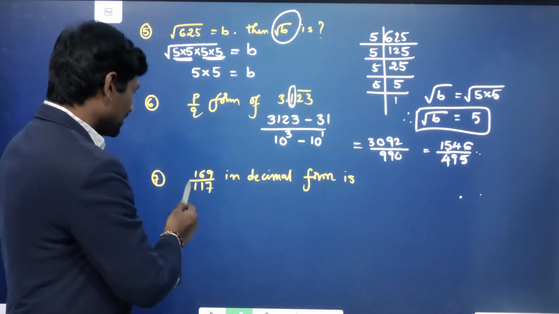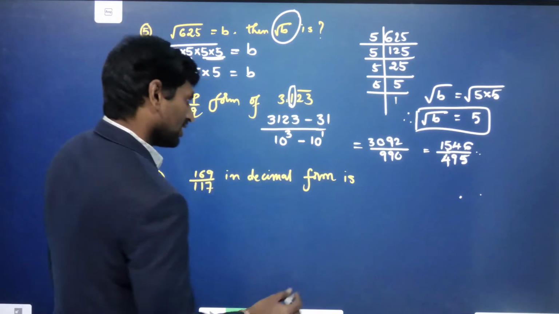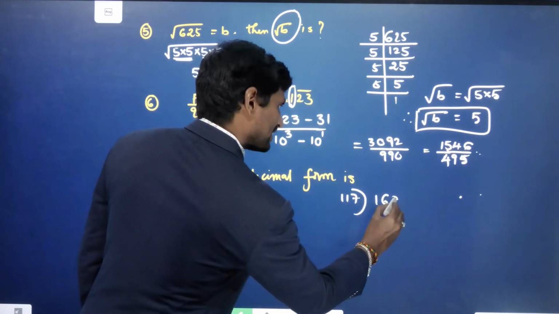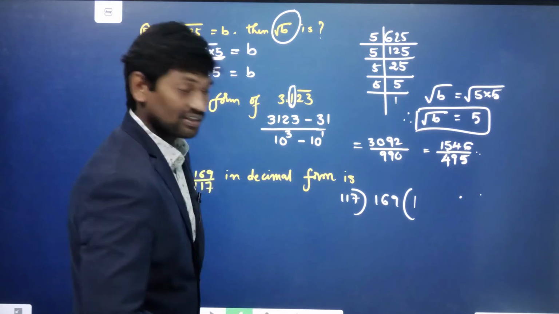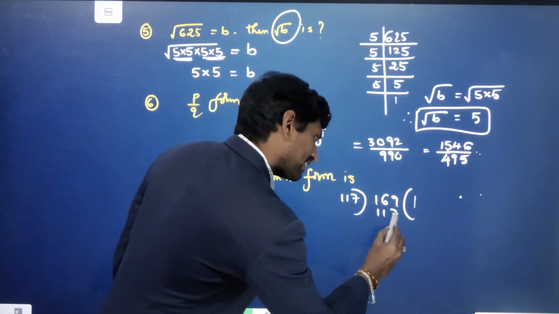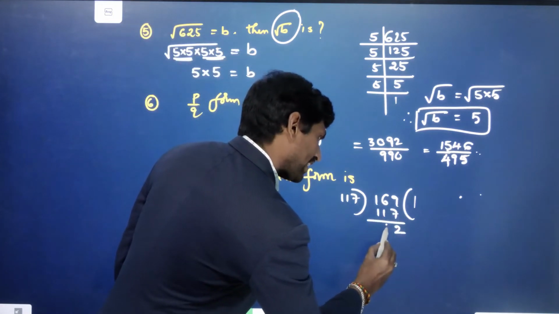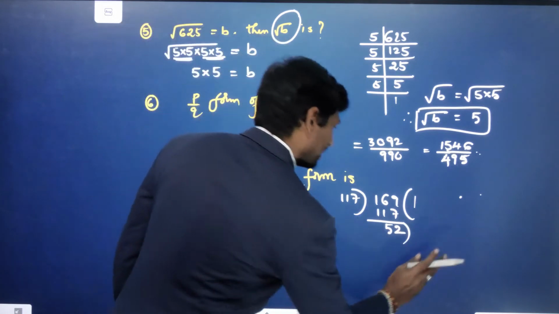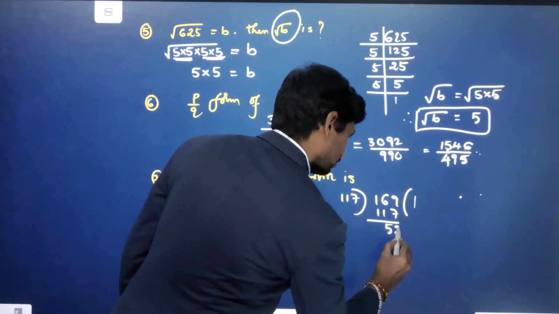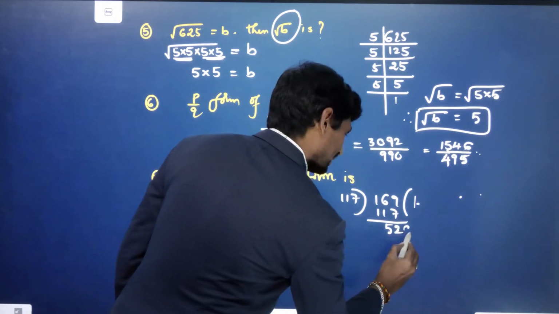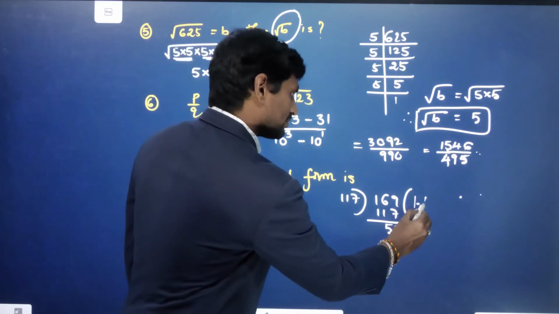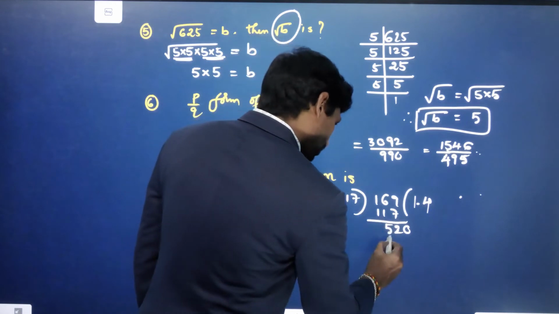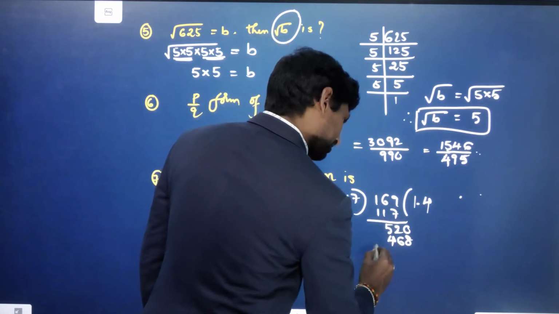Decimal form, that means we need to do regular division only, 117 with 169, 1 time, 117. Here 2 will be, here 5 will be the remainder, and 52 is there. Now 52, take point, keep 0, exactly 4 times, I think so. 4 times 400, 440, 468.